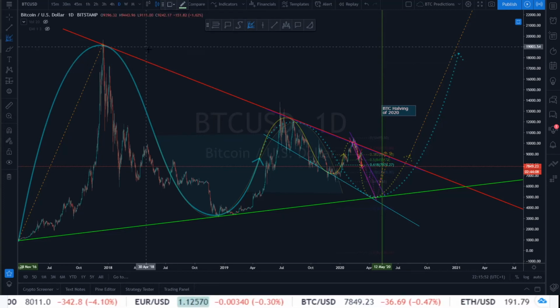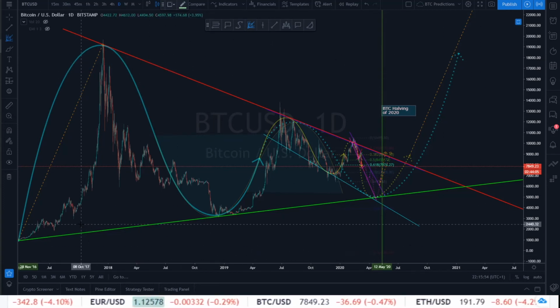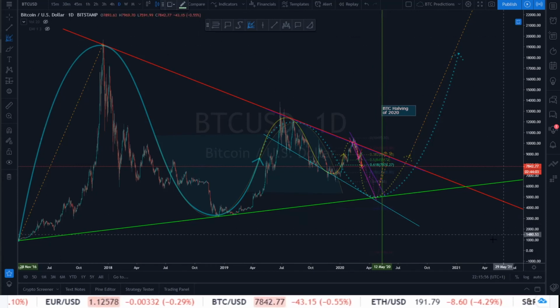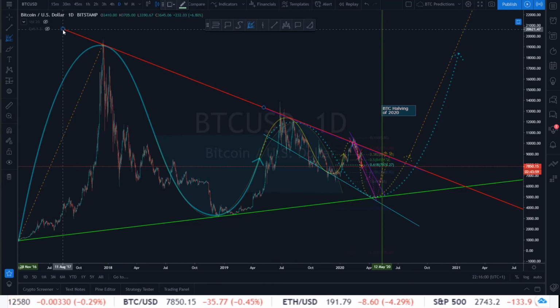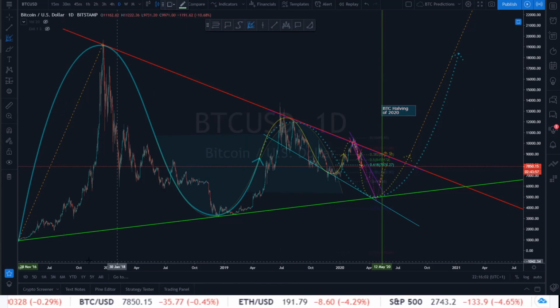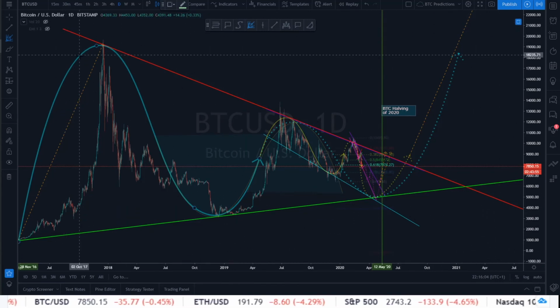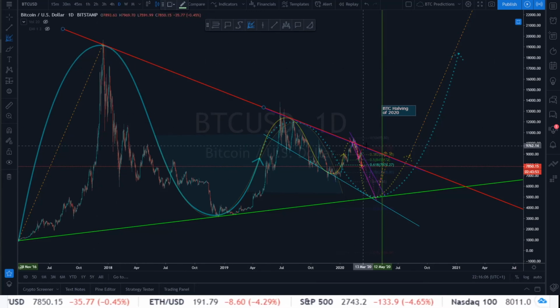Hence the reason why I've been teaching you guys in this explicit order. In my opinion, the pattern formations are already a very strong way of analyzing the markets.